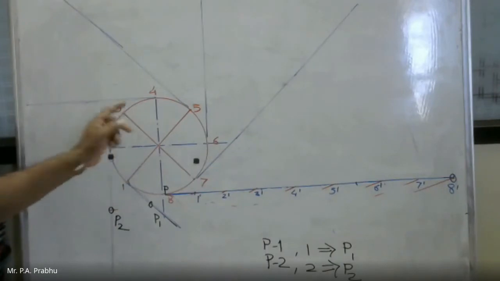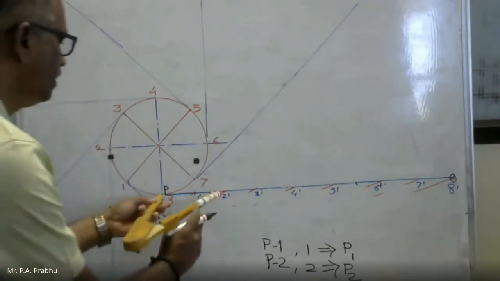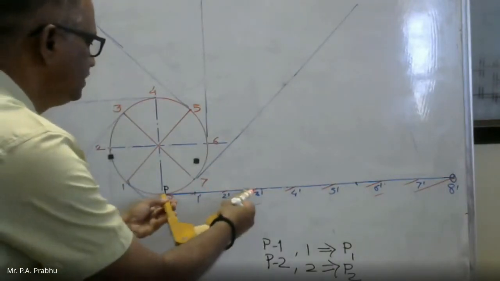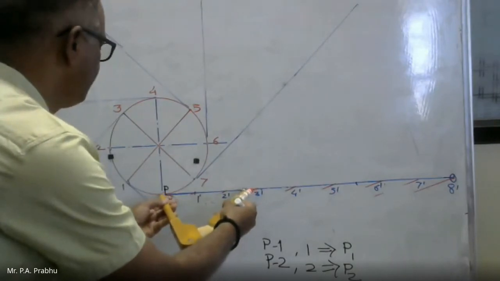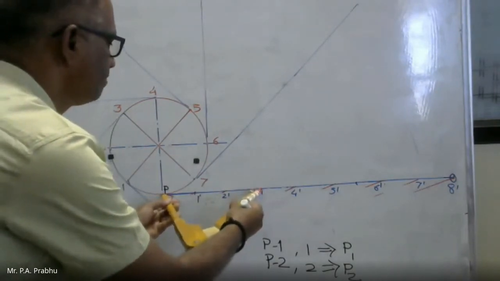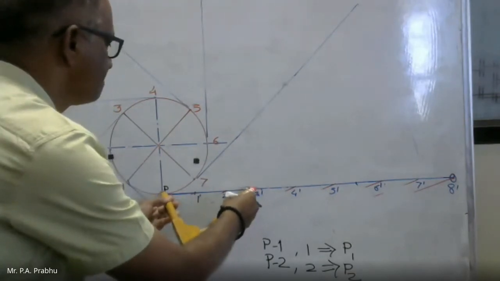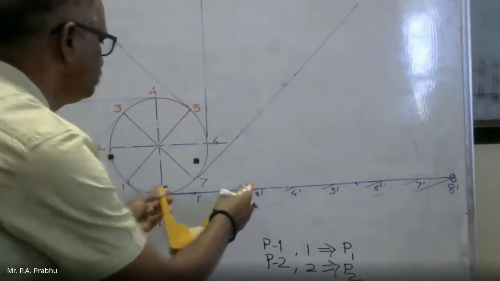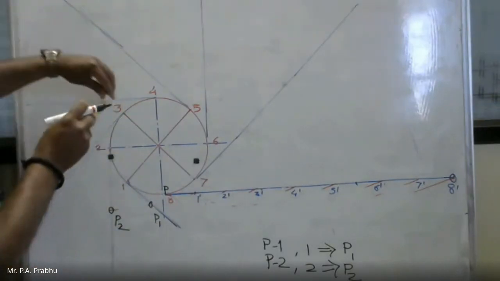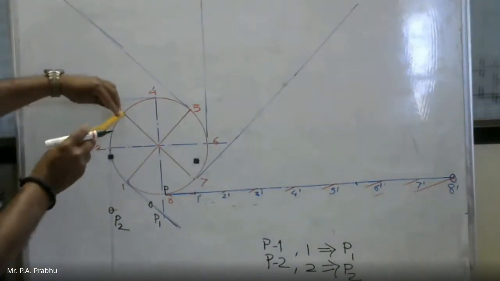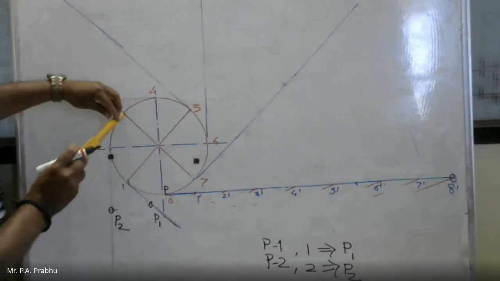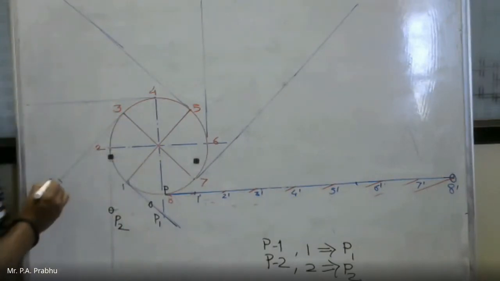Next position. So I will open next position. So this is 3. So from here I will take distance equal to 3 division. Now I will take a center as 3. Total distance equal to the addition of 3 division.